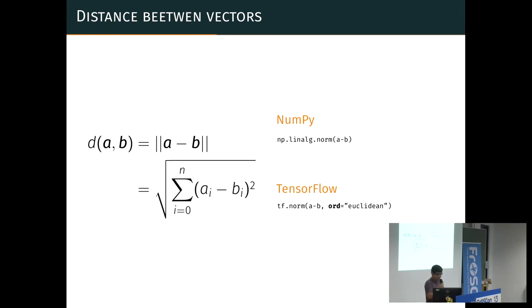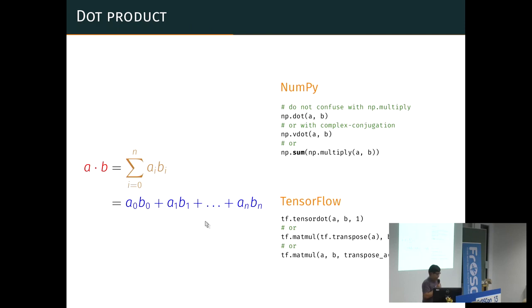Another important operation with vectors is the calculation of distance. Here, as you can see, this formula, the Euclidean distance, is the same as the norm. So we can calculate the Euclidean distance using the norm function. Once again, it's almost the same in TensorFlow. Another important operation, maybe the most important one, the dot product.